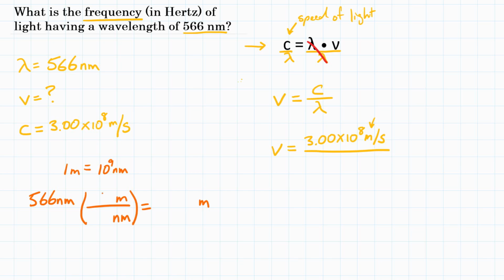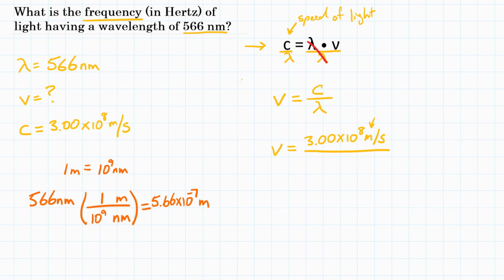So let's put 1 meter up top, 10 to the 9th nanometers on the bottom. And then if we do the math here, we're just going to do 566 divided by 10 to the 9th. So we get 5.66 times 10 to the negative 7 meters, and that would be in scientific notation. You could come up with a couple different ways of writing that number.